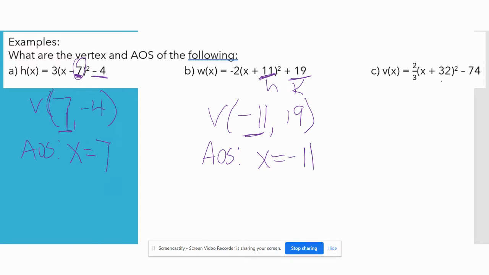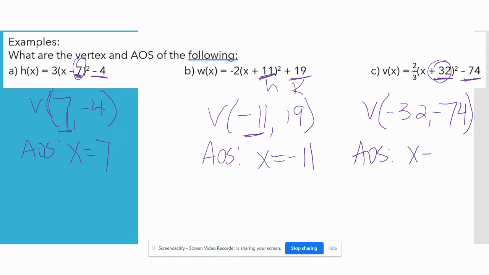And for this last one, we have a positive 32 inside and a negative 74 outside. Remember, this right here is always opposite, so it'll be a negative 32 for our vertex and negative 74. And then our axis of symmetry will be x is equal to the x value of our vertex, which is negative 32.